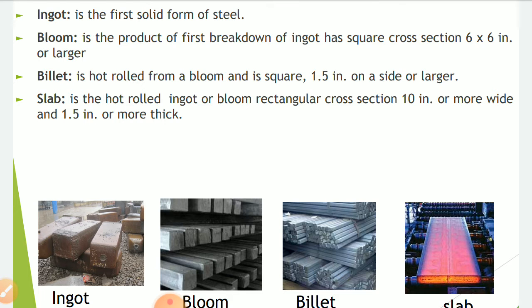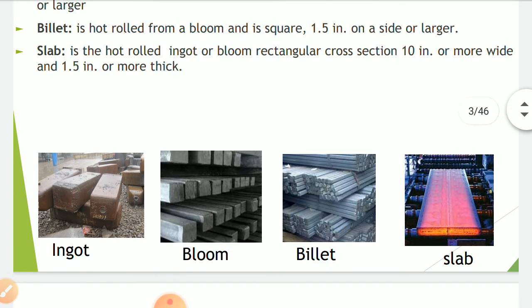It is also again square in cross section, as you can see in the third picture. And slab is the hot rolled ingot or bloom, rectangular cross section. So it is in rectangular cross section, whose width is 10 inch or more and thickness is 1.5 inch and more.